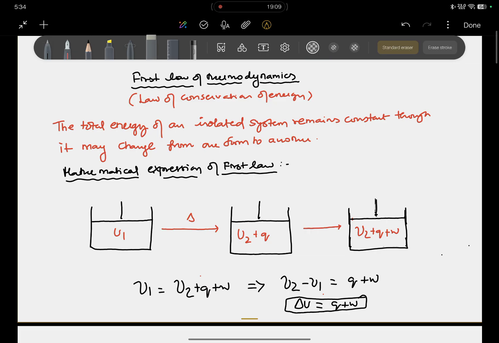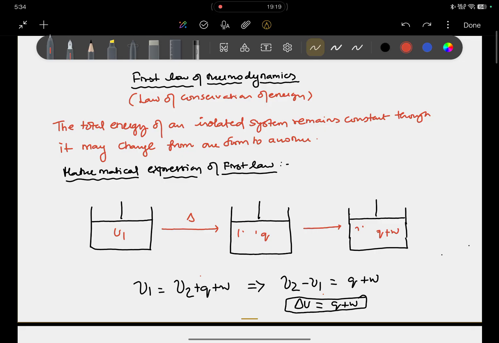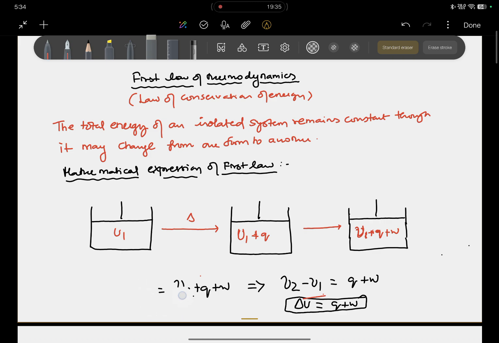I think I made a mistake. That's U2, just a moment. U1 plus Q, but what will happen?